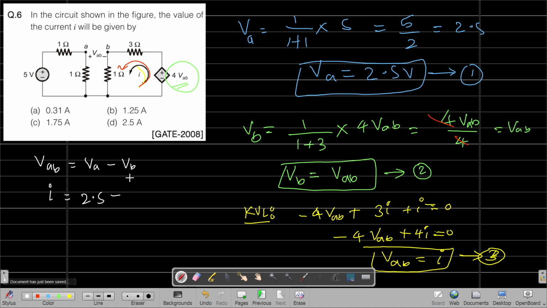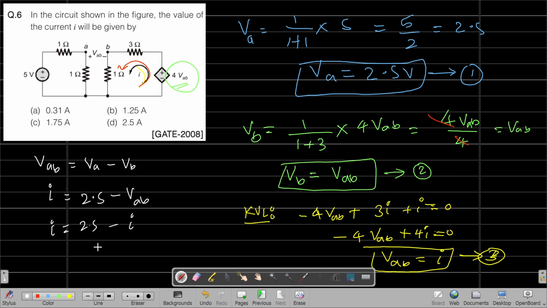VB equals VAB, so VAB equals 2.5 minus VAB, and VAB equals I from equation 3.